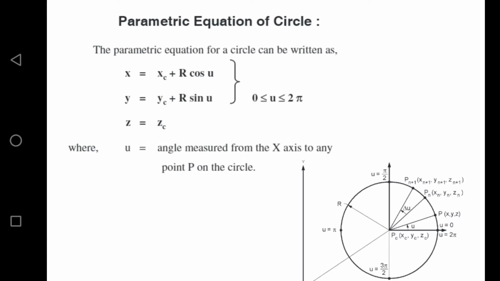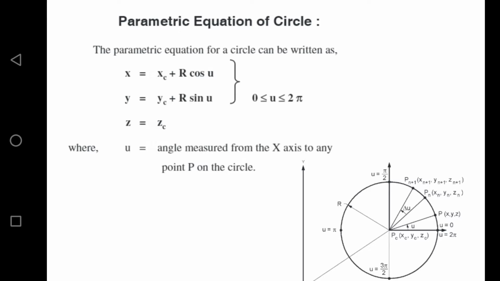And y is yc plus r sin u. Yc is the y coordinate of the center point, r is the radius of the circle, and u is the independent parameter, where the angular positions are changing by changing the point on the circle. So only x and y are going to change, but not the z direction.